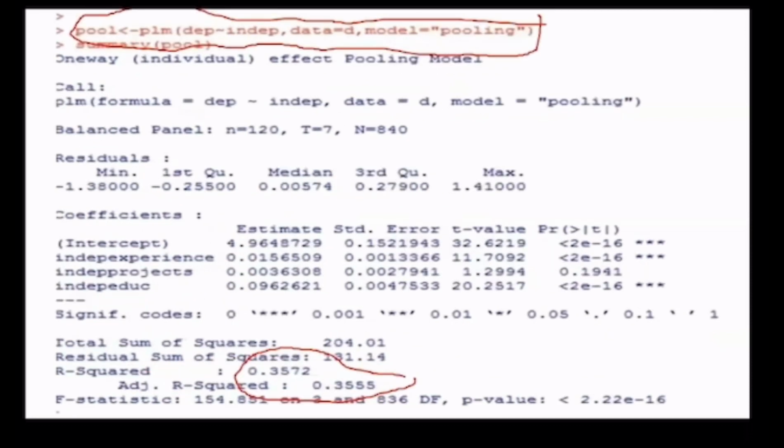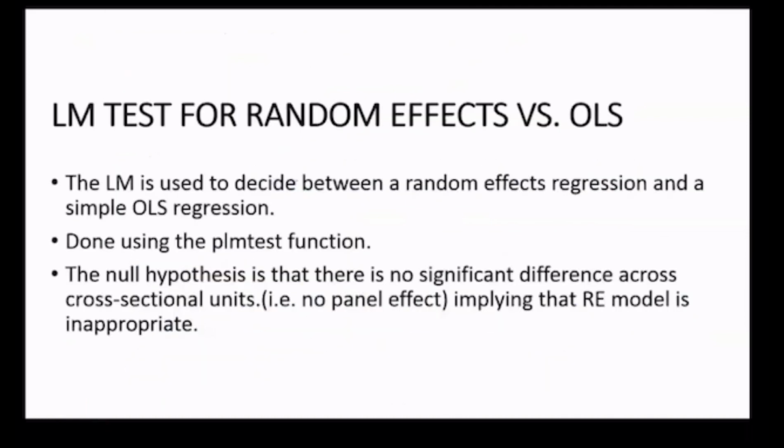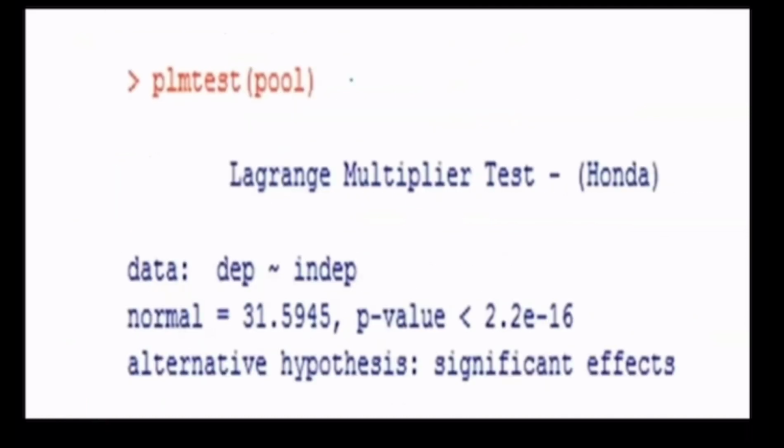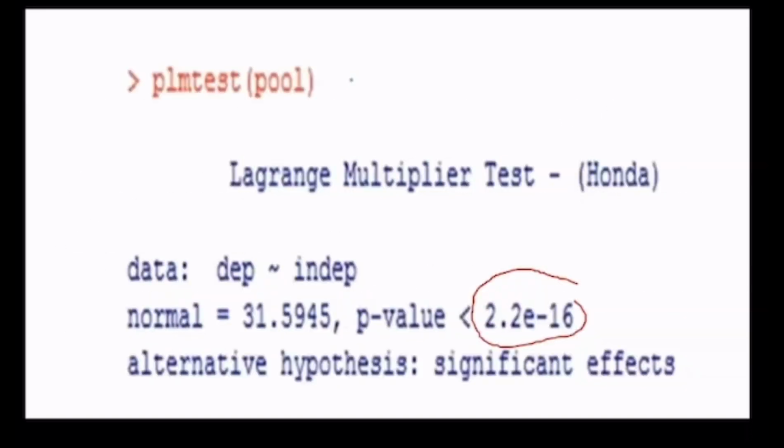Do you see pool here? Now you can see the p-value here. The null hypothesis favors OLS, and the alternative is that it is random. Here you are rejecting the null hypothesis. It means the random model is better than the OLS.